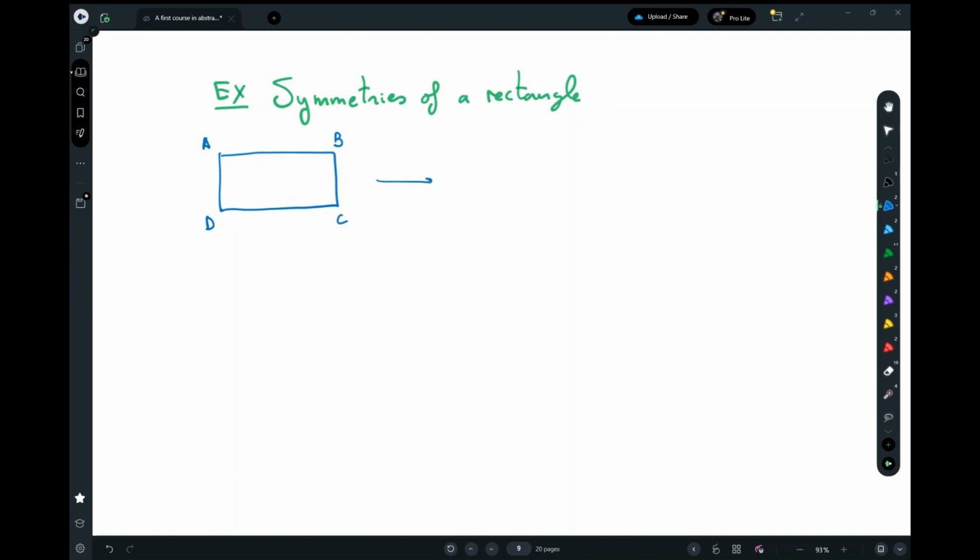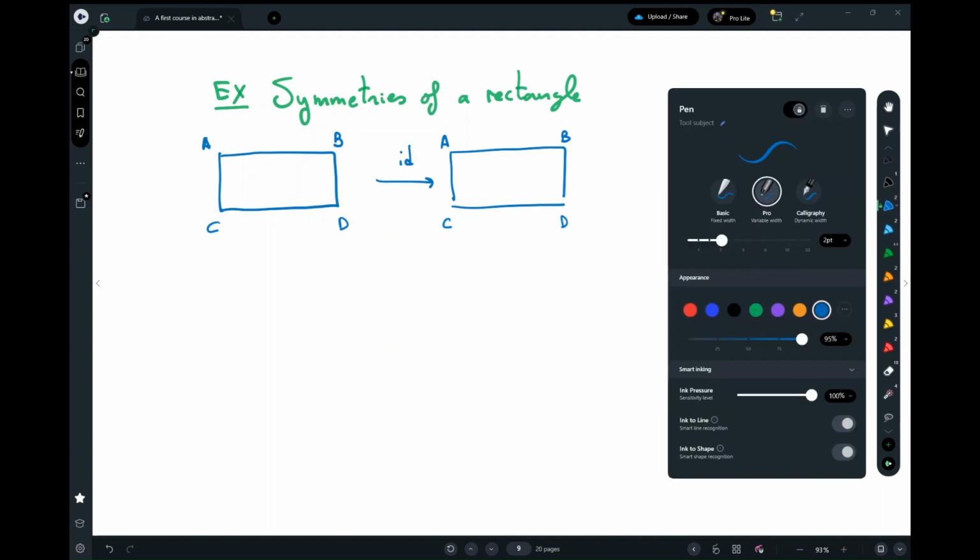So for example, I can certainly just do the identity operation and do nothing to it, and that will leave me A, B, C, D. I put a C here, let me just do it so it matches my notes. C, D, and C, D. That will leave it exactly untouched.